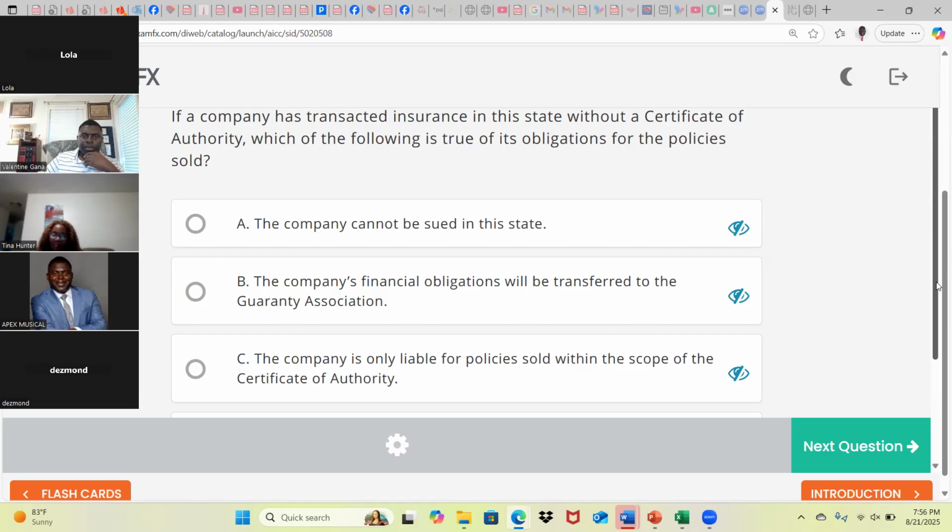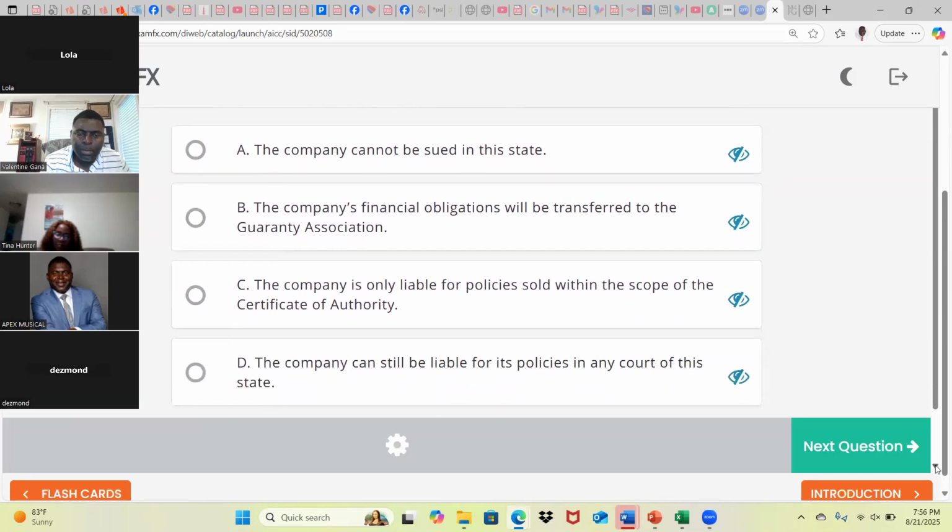B, the company's financial obligation will be transferred to the grantee association. C, the company is only liable for policies sold within the scope of the certificate of authority. D, the company can still be liable for its policy in any court of this state.